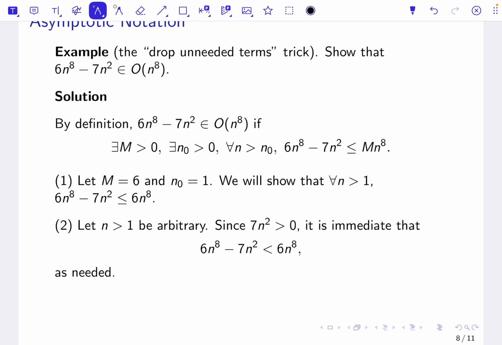So in this case, we're trying to show that 6n to the power of 8 minus 7n squared is in big O of n to the power of 8. Intuitively, it is less than or equal to that. And by definition, we have all these quantifiers and inequalities.